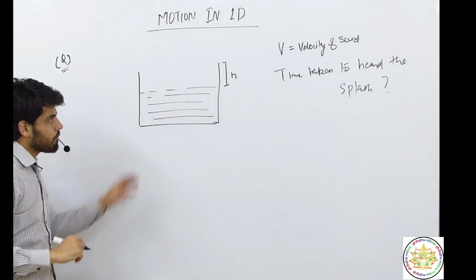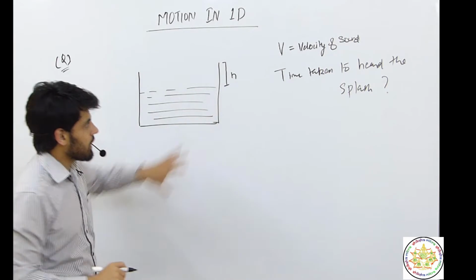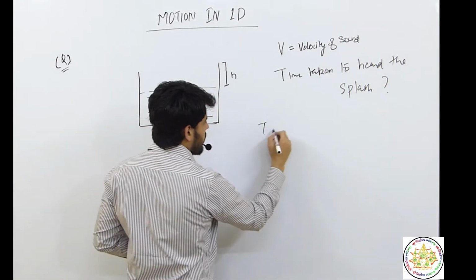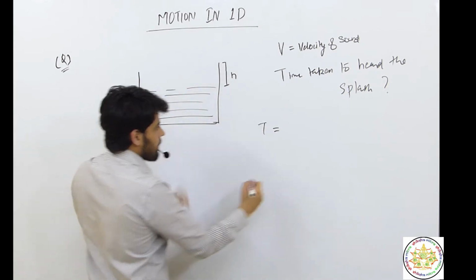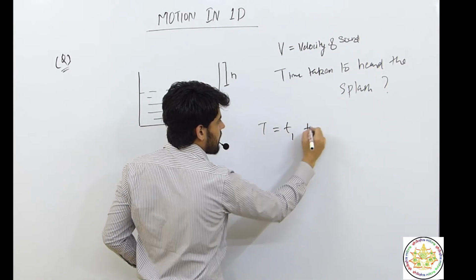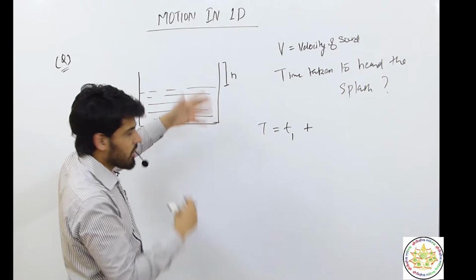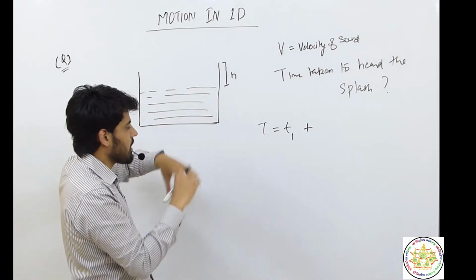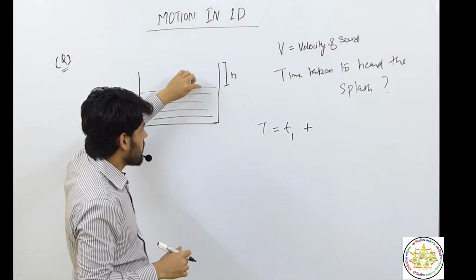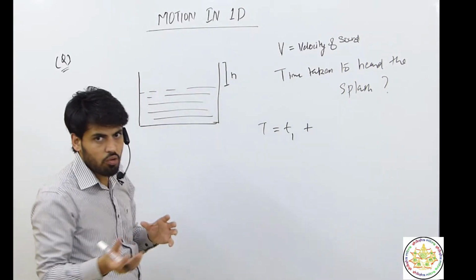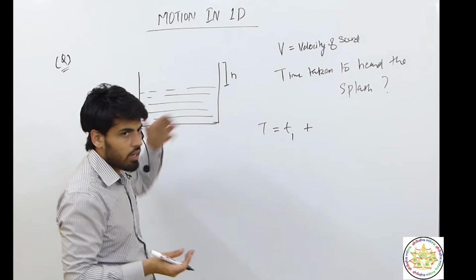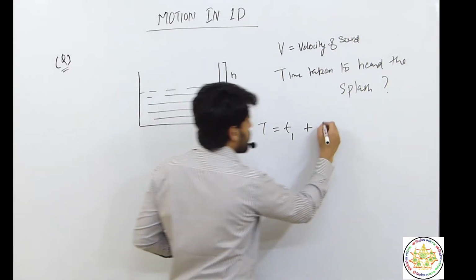We know the total time taken to hear will be t is equal to the time taken for the stone to reach the water level, that is t1, plus, after the splash has been created, we are considering the splash has been instantly created, t2 will be the time taken by the vibrational sound of the splash to reach our ears, that is t2.